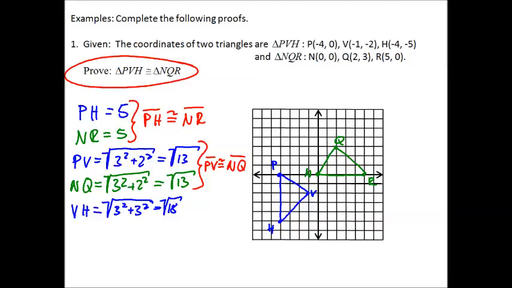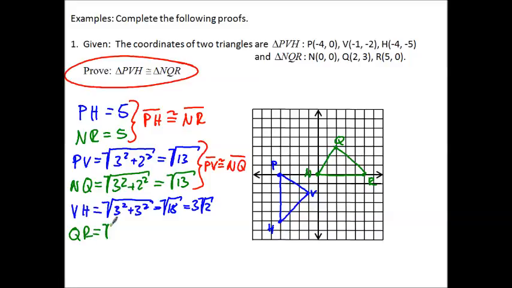But we did have 9 in there twice, so it's the square root of 2 times 9, or in other words, 3 times the square root of 2. The last side left that we have here is QR.